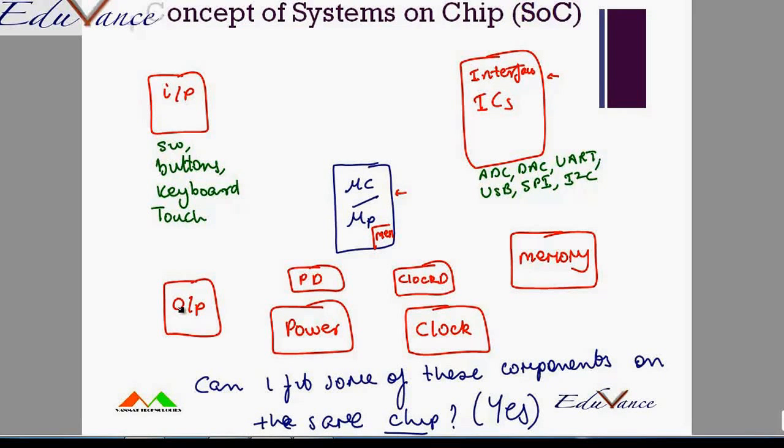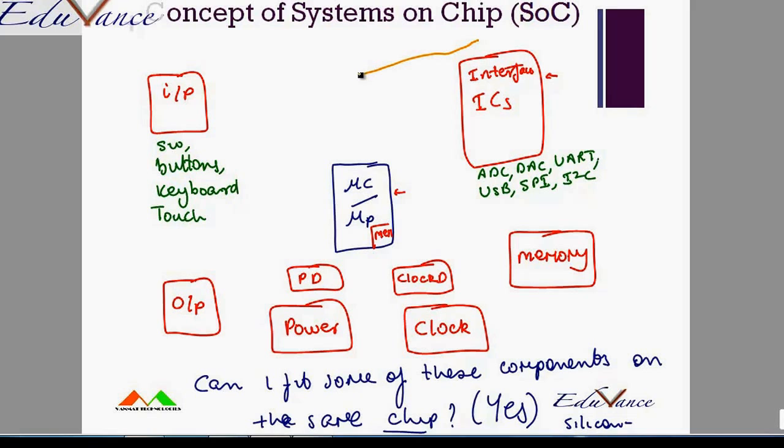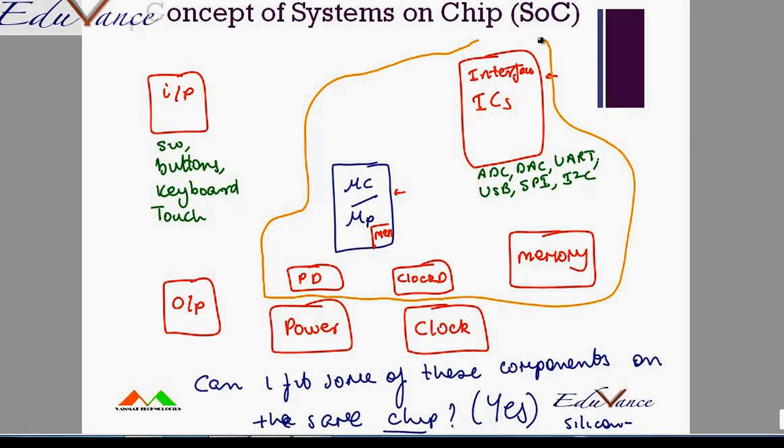No. So the answer is, all that is made out of silicon basically can be put on the same chip, namely the interface ICs, the microcontroller, the power distribution, the clock distribution, the memory. All of this can be put on the same chip.